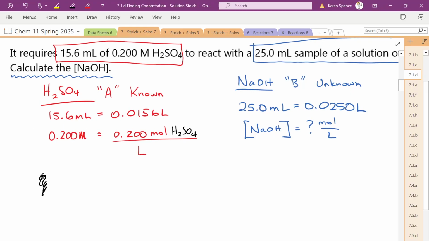We're going to start with 0.156 liters times 0.200 moles per liter.